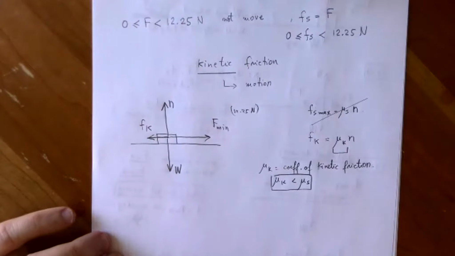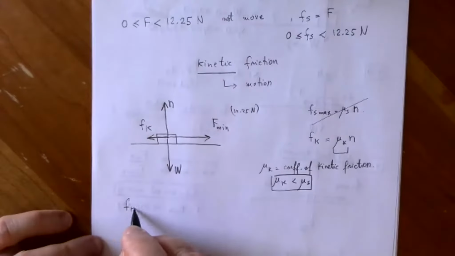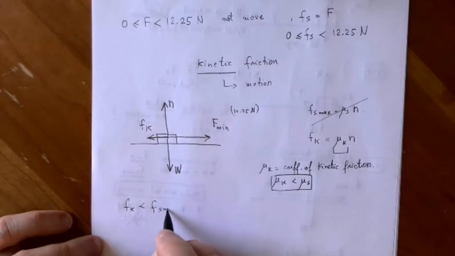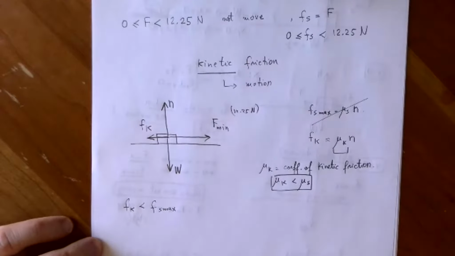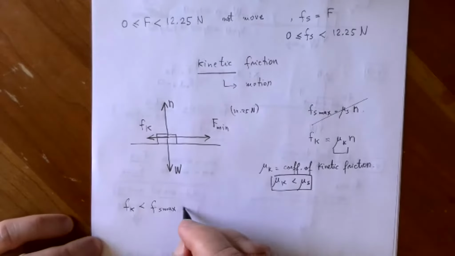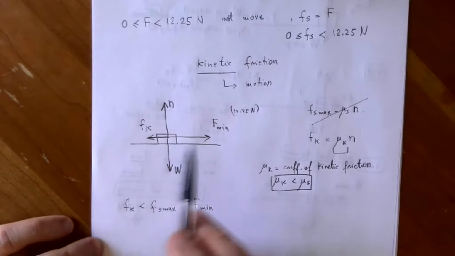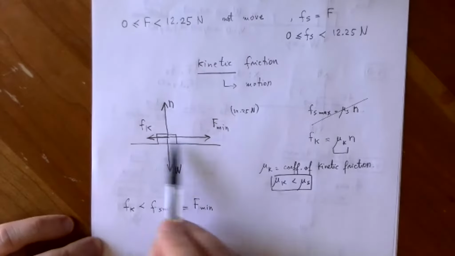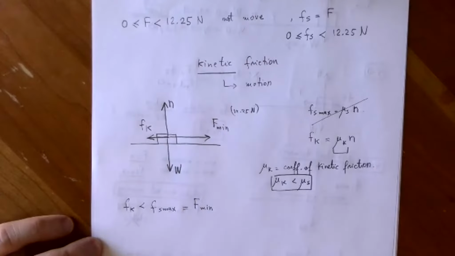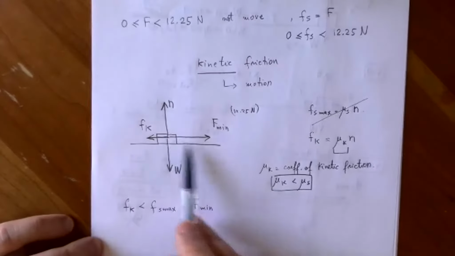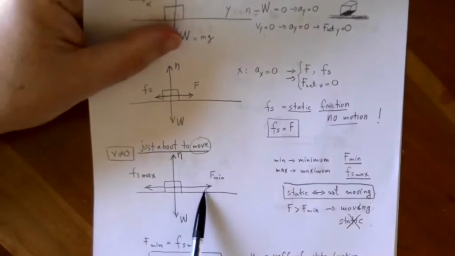So what does this mean? It means that this force Fk is less than Fs max. But don't forget, Fs max was equal to F min. And I made the point out of drawing these arrows, one longer than the other, while before they are equal to each other.